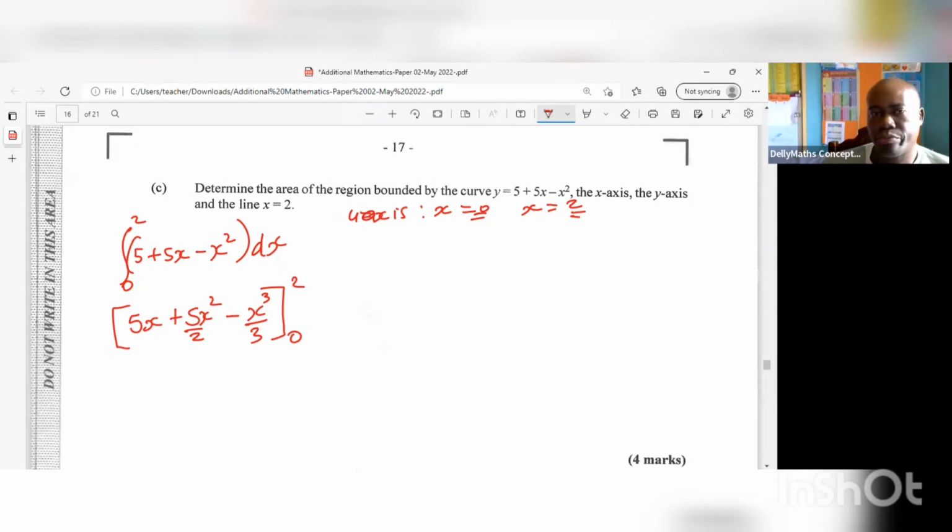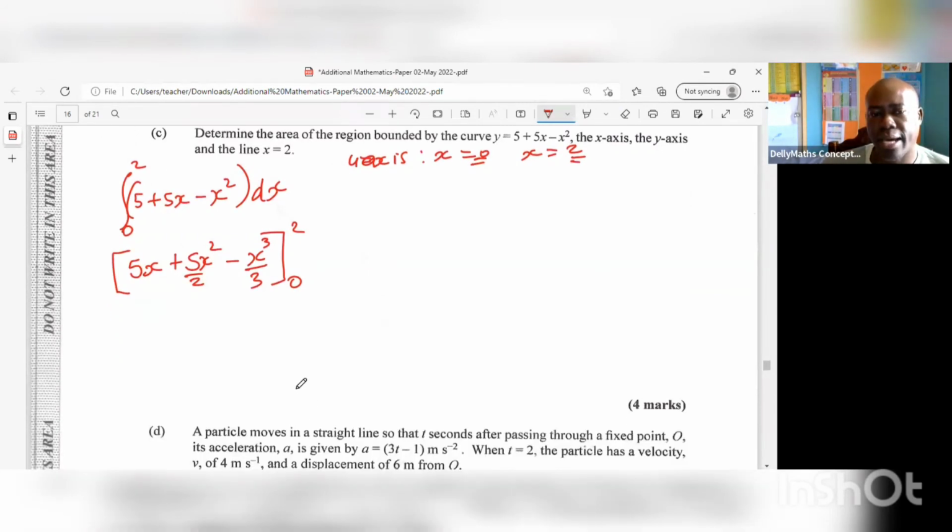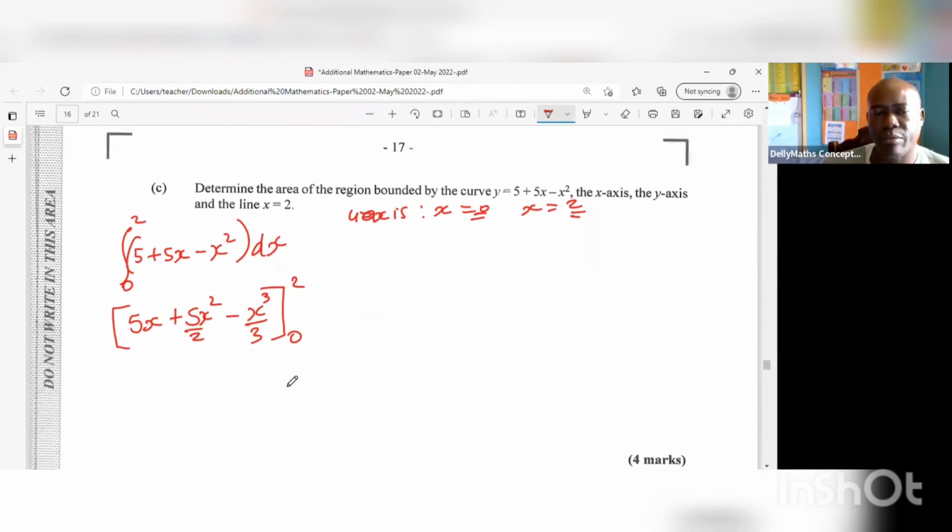So let's put out what we have now. We're going to put 5 times 2, the bigger number, plus 5 over 2 times 2 squared, minus 2 to the third over 3.